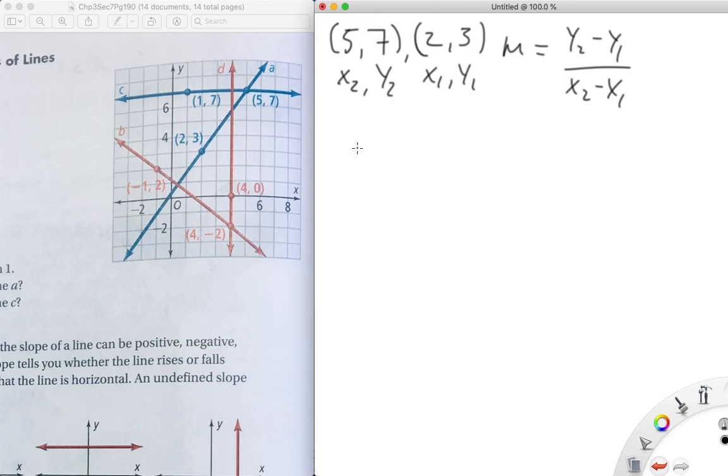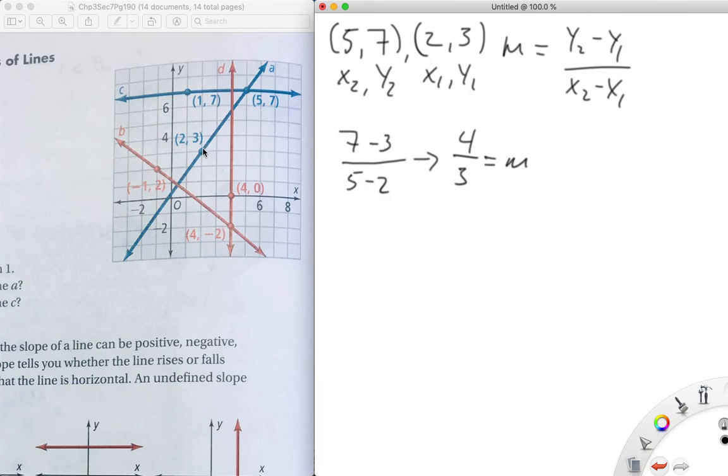So here I have 7 minus 3 over 5 minus 2. That gives me 4 over 3, positive. So this would be my slope. So what does that mean?